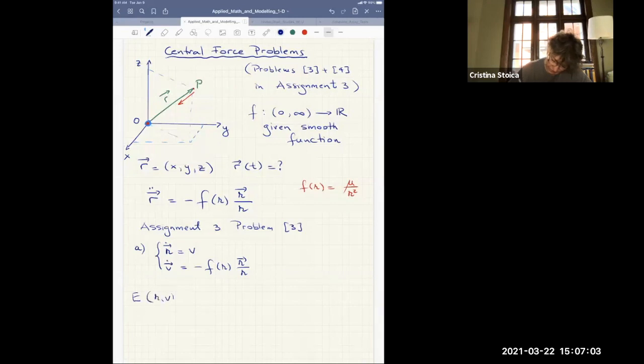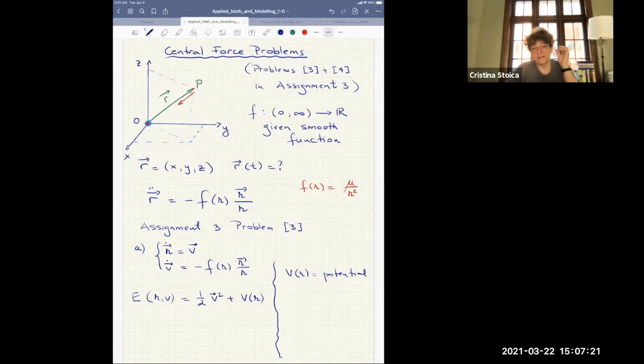The energy was defined something like this, plus V of r, where V of r is the potential.